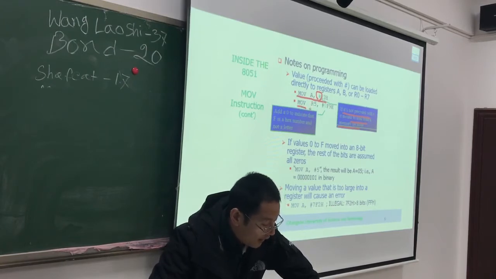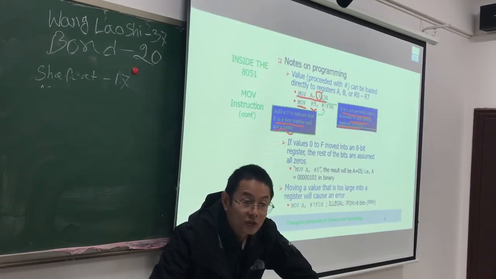Move R5, pound 0FH. The 0 before F means F is a hex number, not a letter.